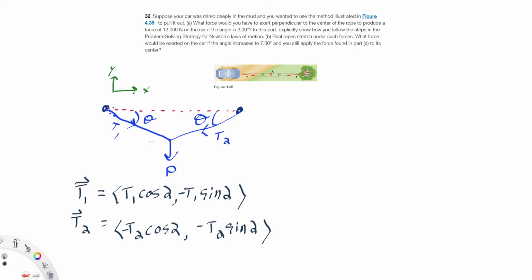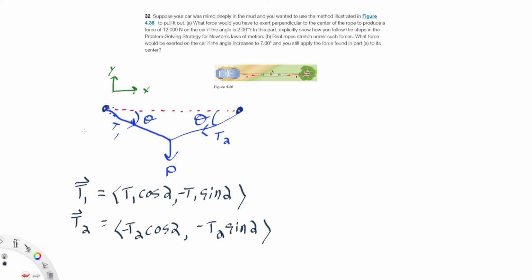I actually want to be careful about the directions of T1 and T2. So the way I wrote them down here is actually the way I drew them in the figure here, but that's the direction the tension is going to be pointing in the cable at the car and at the tree stump. Right? That's two separate locations, right?